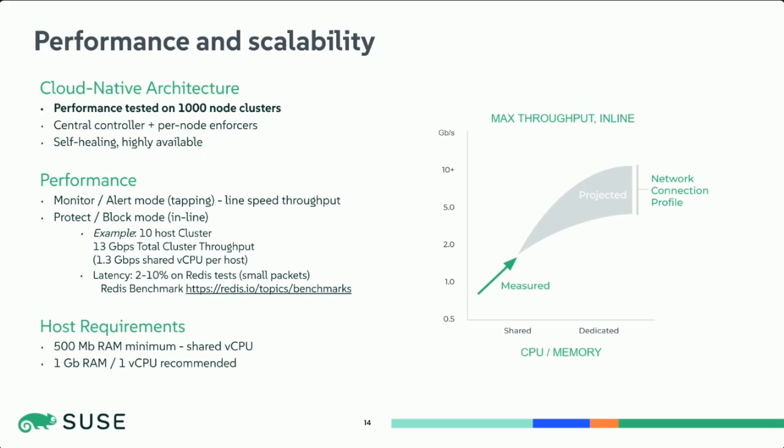At most, the impact you can see on the cluster is probably a 2 to 10% latency increase if you're running full DPI, which is pretty cheap for a full DPI tool. If you don't do it for every workload, it's going to be even less than that. So it's pretty effective and also linearly scalable.